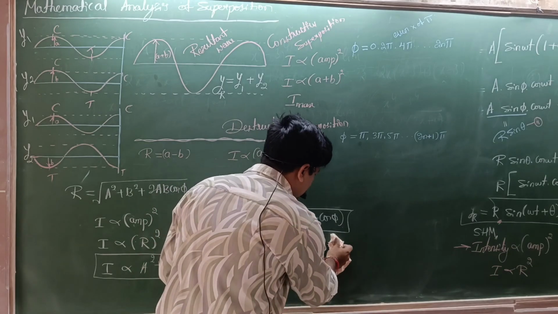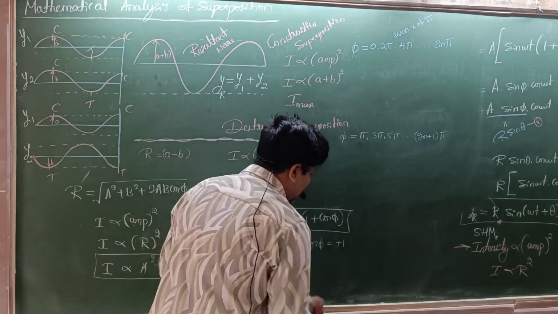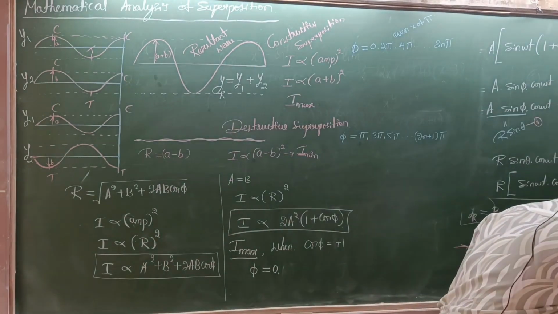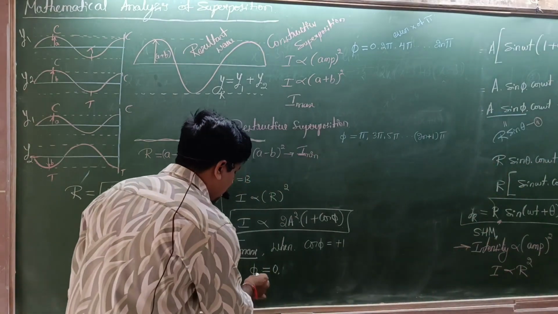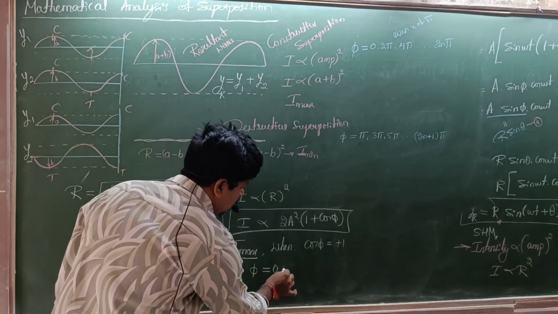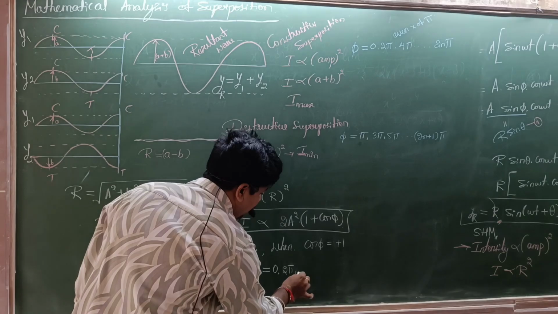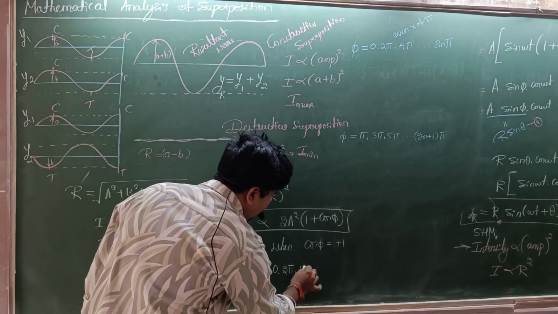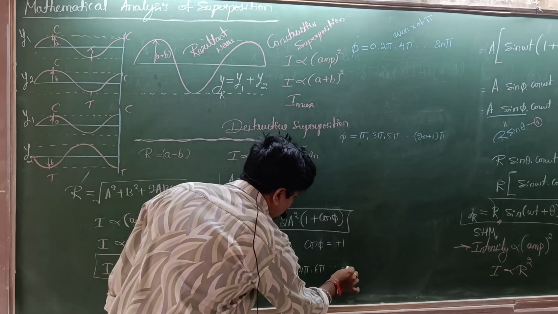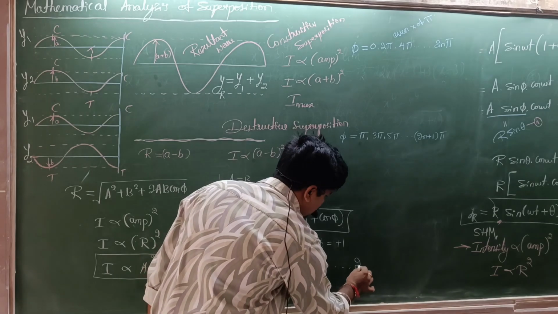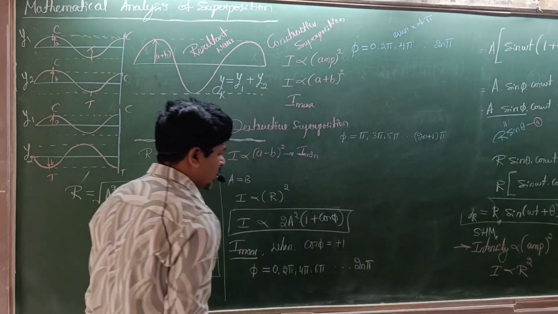It should be maximum when the value of cos phi is equal to plus 1. For plus 1, phi is equal to 0, next 2 pi, next 4 pi, next 6 pi, and so on, 2n pi.